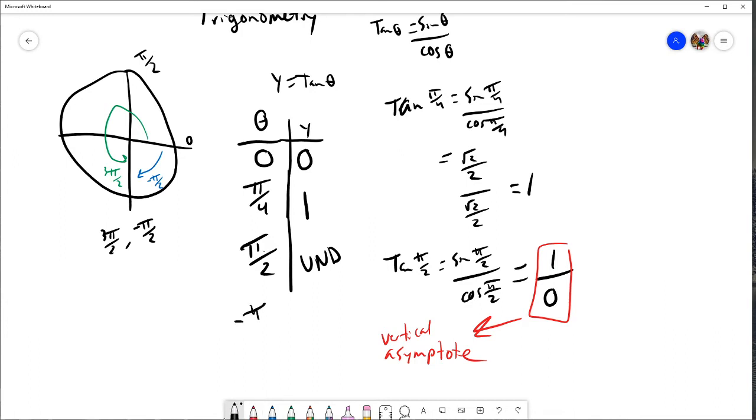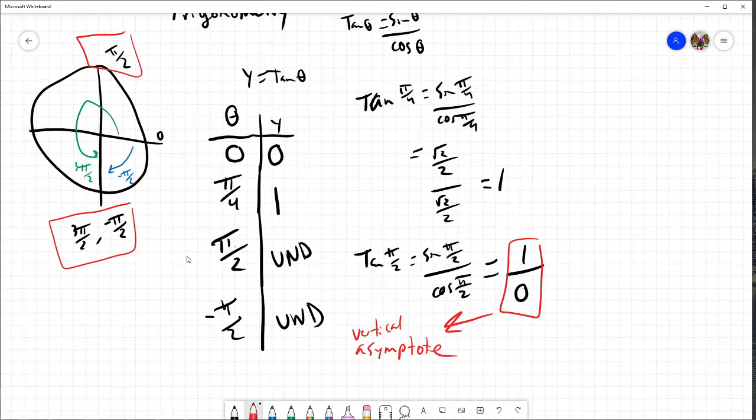So negative pi over 2 is going to cause us another problem where it's undefined, and we get this vertical asymptote. So let's box this. Vertical asymptotes at these angles, and all their coterminal angles. Alright, we'll come back to this in a moment.